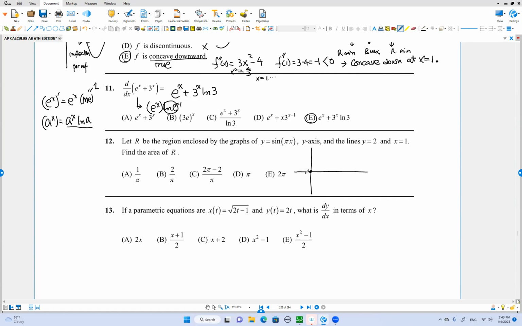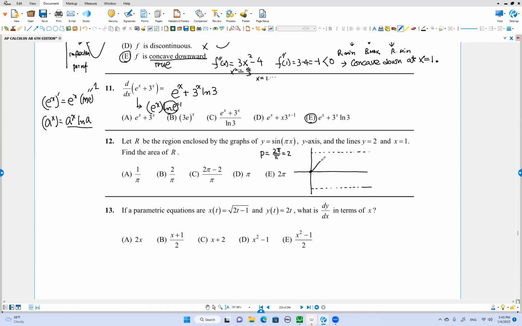Starts at 0 and it goes up by each increment. Frequency is pi, right? The period is how much? 2 over pi... oh, sorry, the period is 2.